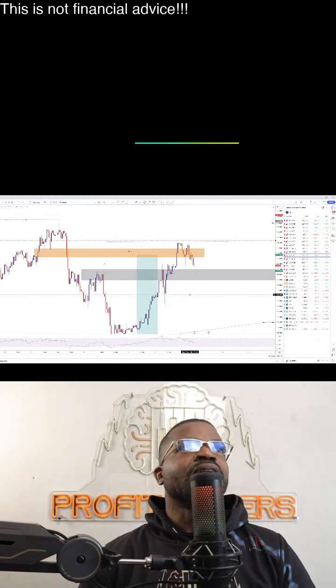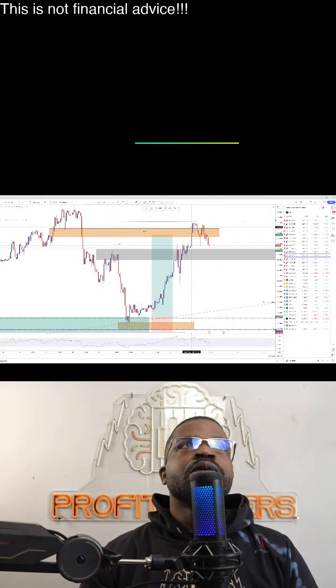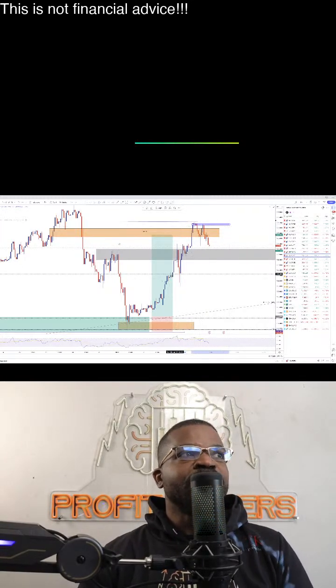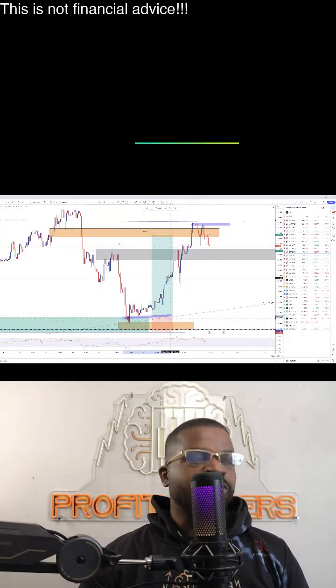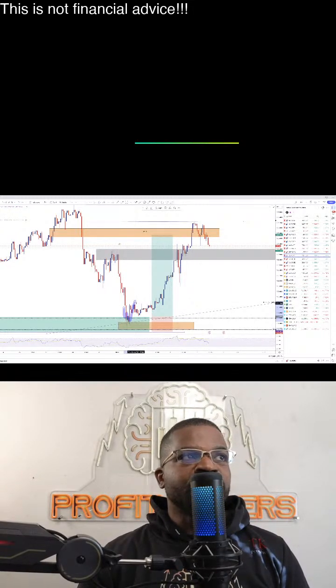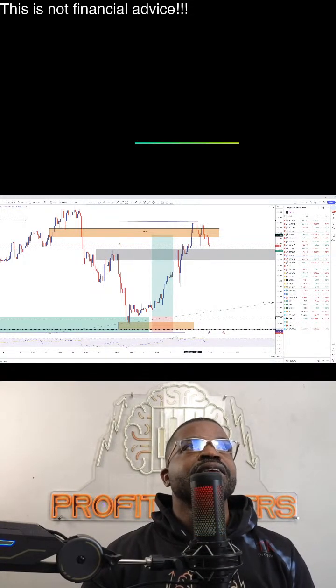So right now, we got that beautiful rejection right there where we took profit. Price created a double top, and it retested it the same way it did that double bottom right here. So the same thing that we used as a means of entry right here occurred at the highs.